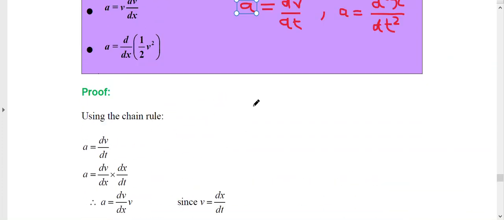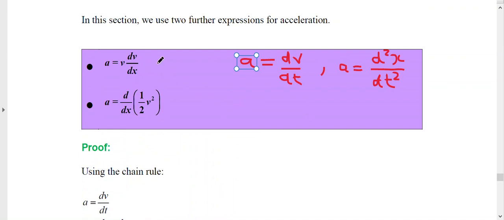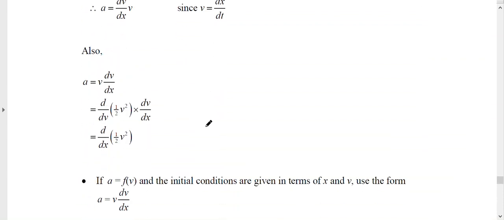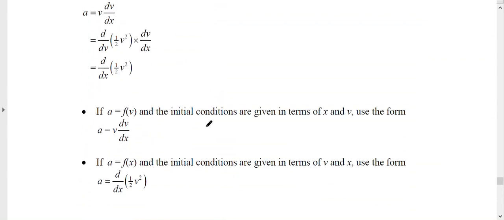Okay, so the question really becomes now, if you've got four different formulas for acceleration, when you're solving a problem involving acceleration, you'll need to pick the correct version of the formula to use to solve the question. So realistically, you need to understand which formula to use and when to use it.